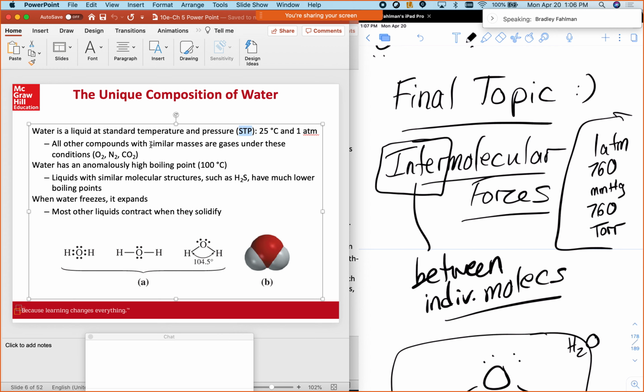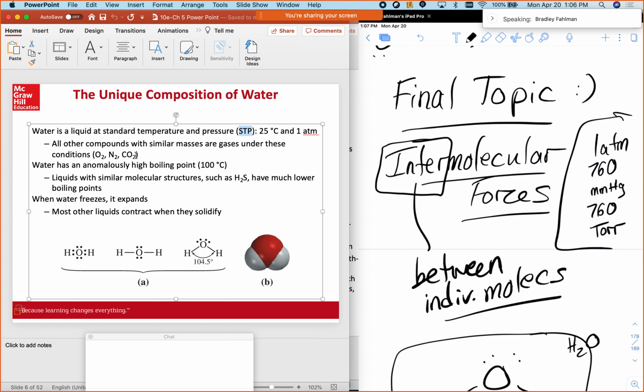All other compounds, though, with similar masses, the molar mass of this is about 18 point something grams per mole. If you look at other compounds that have similar or even smaller masses, or not too much more, oxygen would be, what is that, 32? This is 28.